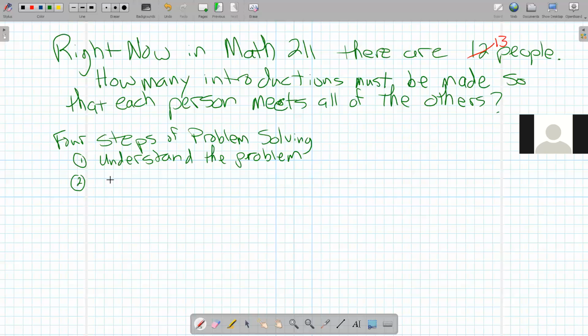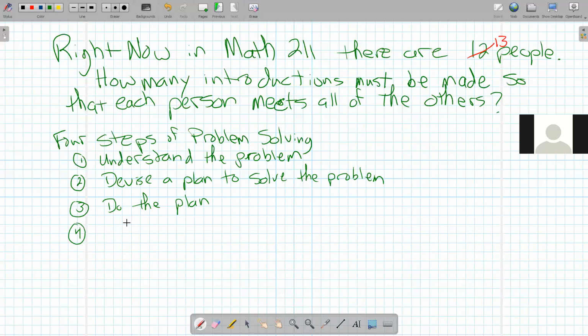The second step is to devise a plan to solve the problem. Third step, do the plan. Try what you think you should do. And the fourth step is to rethink whether it worked.